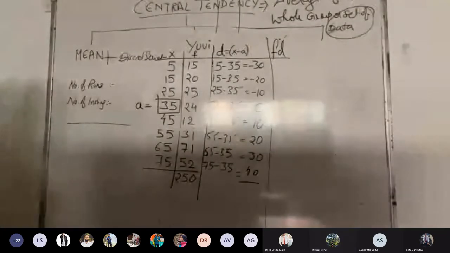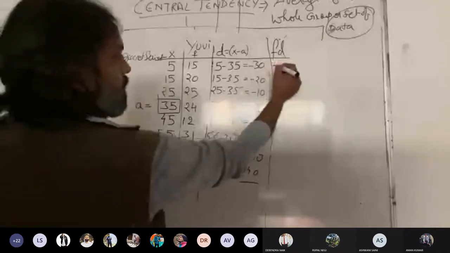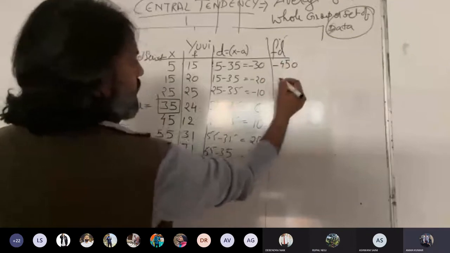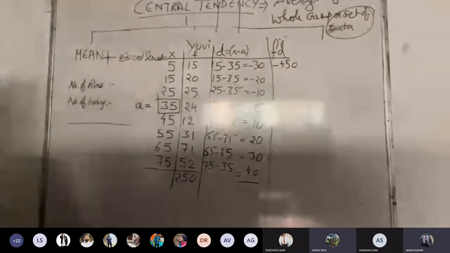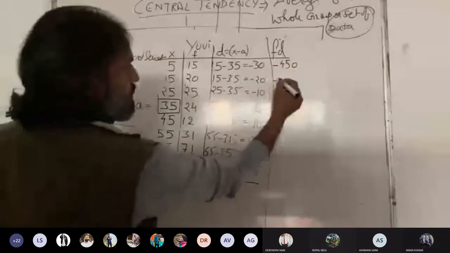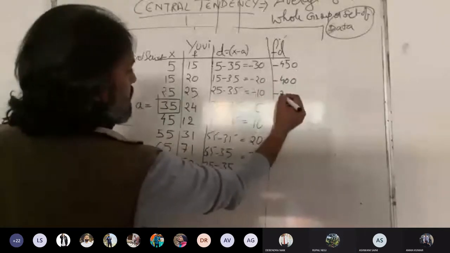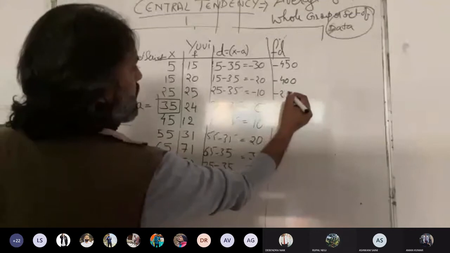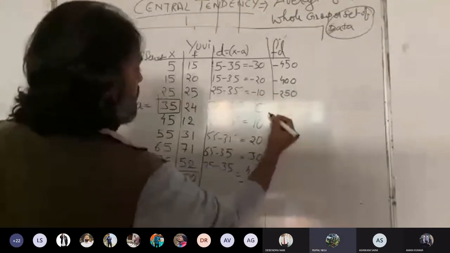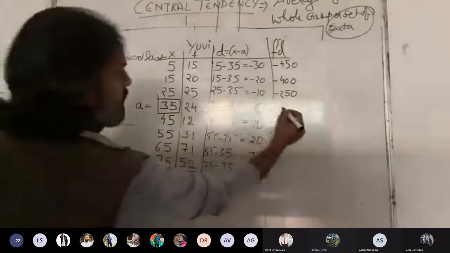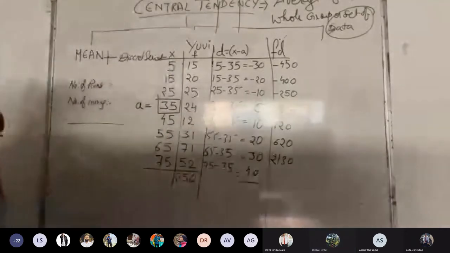Someone please help me in multiplying F and D. Minus 450, minus 400, minus 50, 250. And here, 0. It's easy.